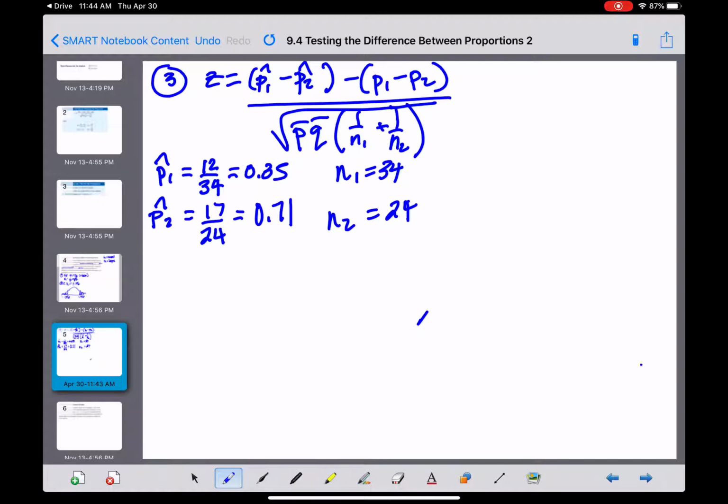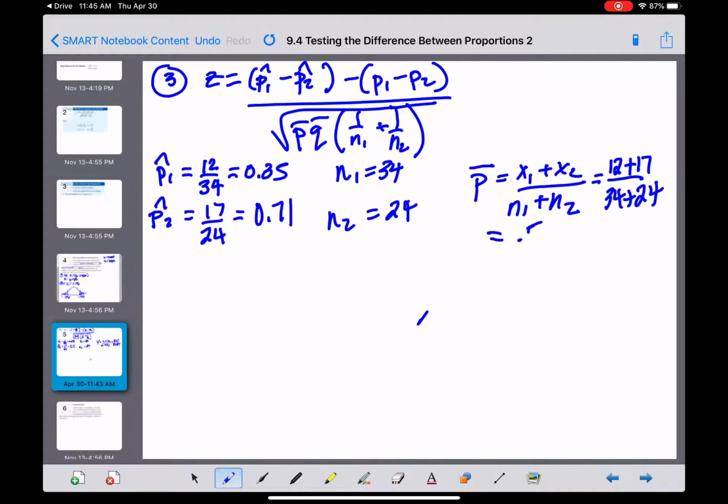Then we need p bar. That is x1 plus x2 over n1 plus n2, or just the average of our p hats. So we have 12 plus 17 over 34 plus 24. We get 0.5. So then q bar has to be 0.5, 1 minus 0.5.